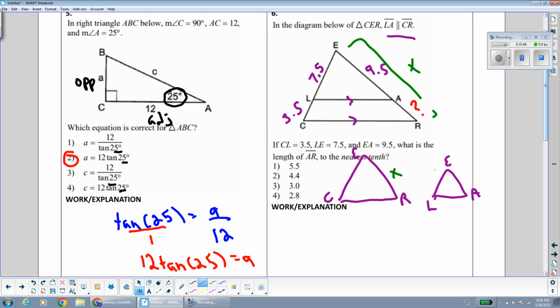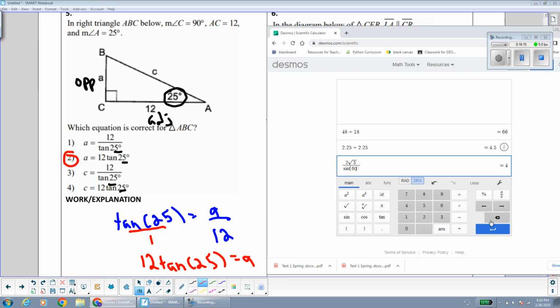Okay, so EL is 7.5. This whole side EC is 11. That's 3.5 plus 7.5. And then I just need to put the 9.5. And now I can make my proportion. 11 corresponds to 7.5. X corresponds to 9.5. Let me multiply. I need 9.5 times 11. That's 104.5.